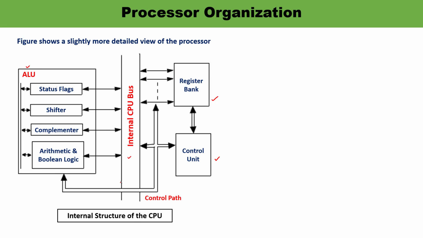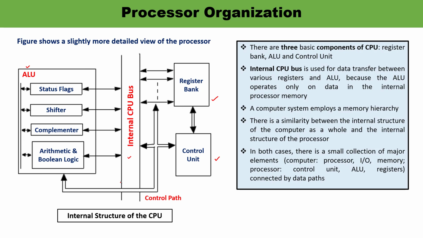In both cases there is a small collection of elements: a processor, IO port, memory, and within the processor the control unit, ALU, and registers, all connected by the data path. So this is how you can understand the relatively detailed view of the processor.